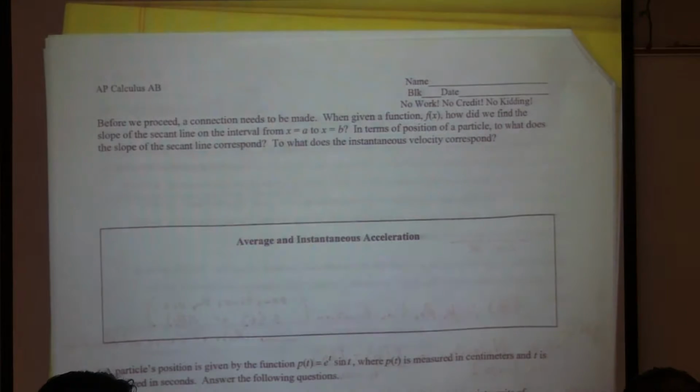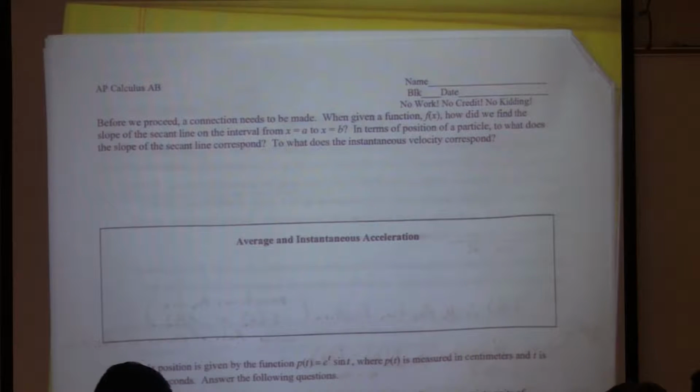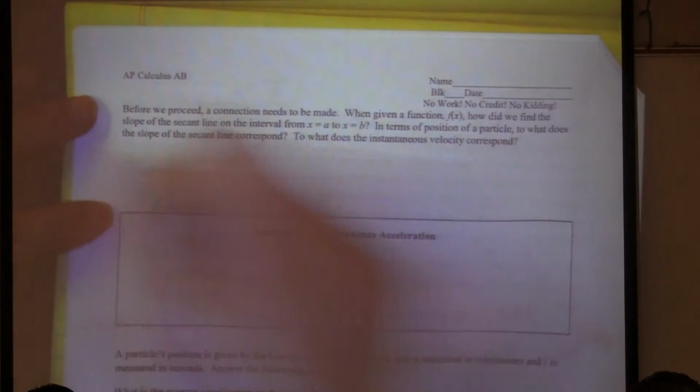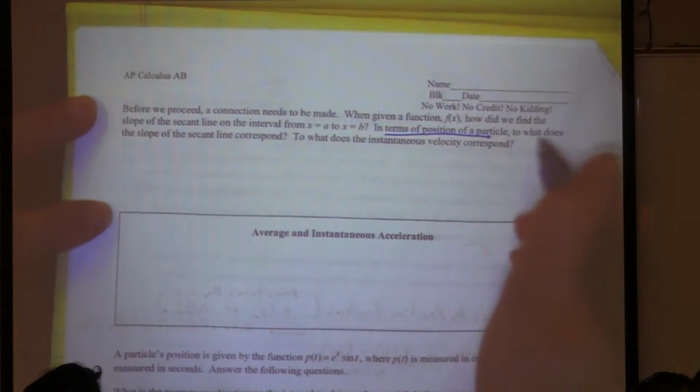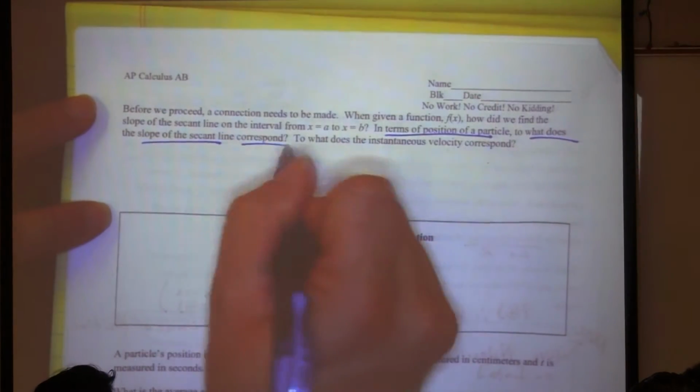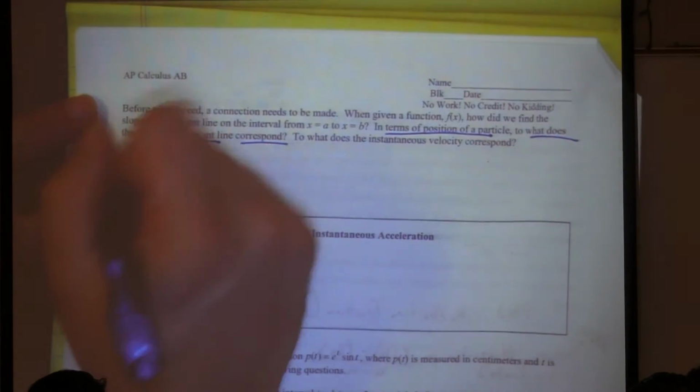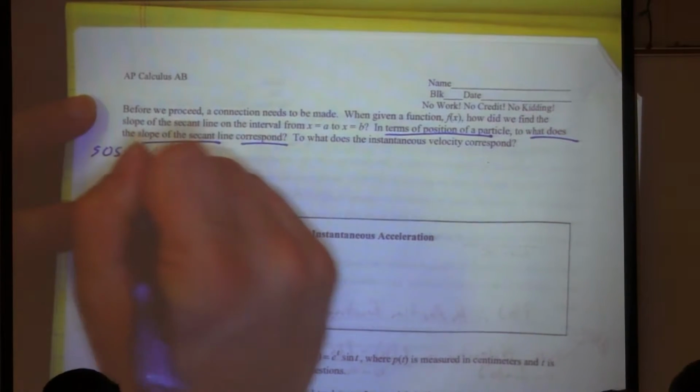So let's make sure that you made the connection here. I want you to make the connection between the slope of a secant line and position. What does the slope of the secant line correspond to here? So how do I find the slope of the secant line?